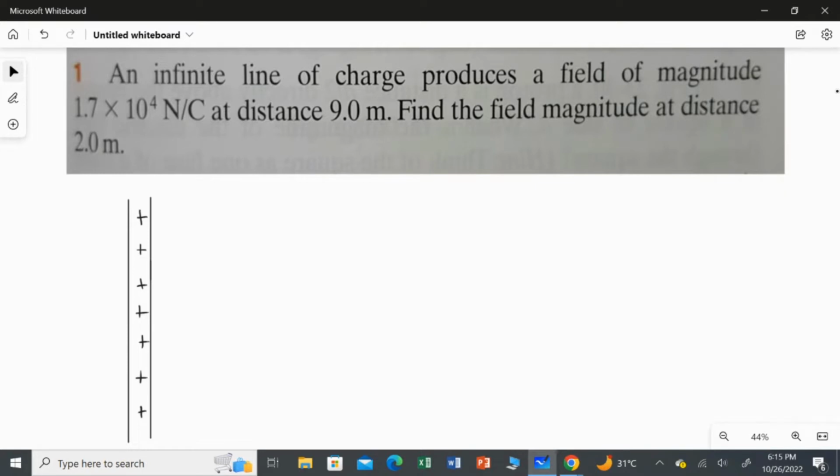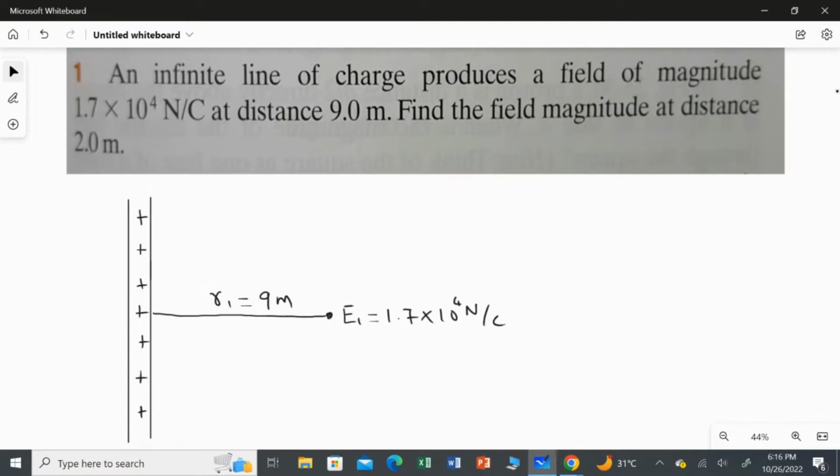From the line of charge, let's say this is the distance r1. The distance they mentioned in the question is 9 meters. At this 9 meter distance from the line of charge, how much field do you have? E1, which is equal to 1.7 multiplied by 10 to the power of 4 Newton per Coulomb.